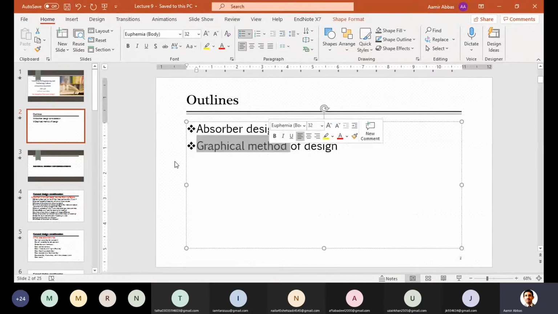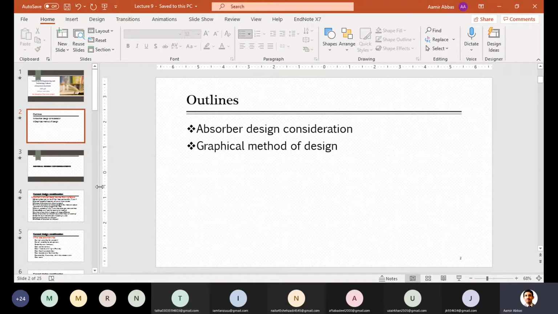That's the graphical method of design of absorption column, and that's the tray tower, which we are starting with. Before this, in the last lecture, last week, we majorly discussed the absorption equipment.